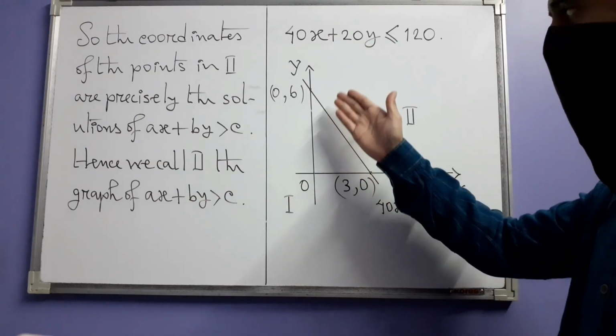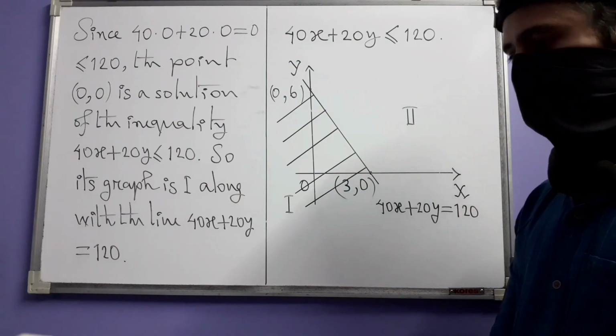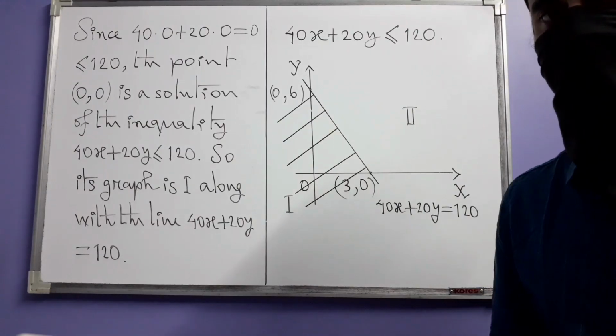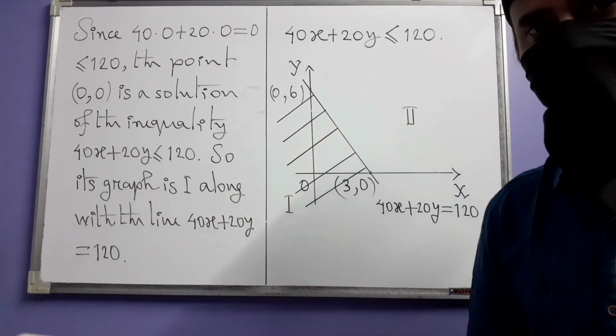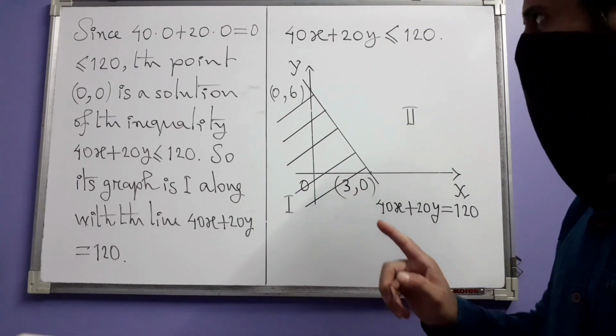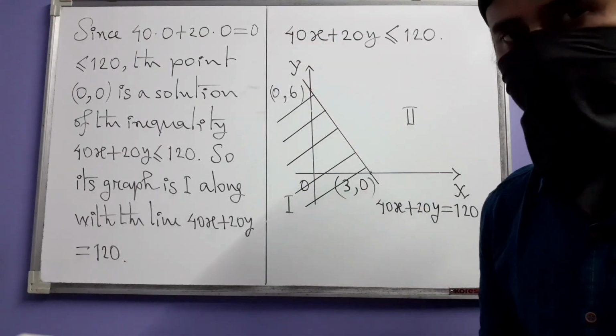But how will you indicate that fact in the diagram itself? You can do that by drawing parallel lines like this, indicating the fact that it's the lower half plane we are talking about, which is the graph of the inequality along with the line itself.